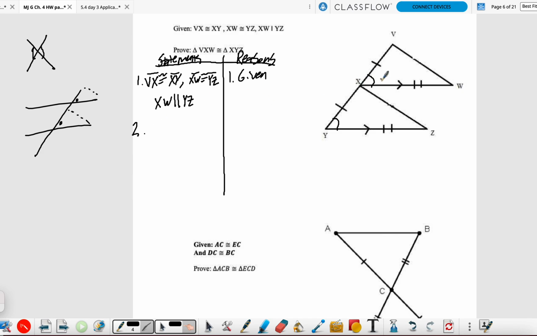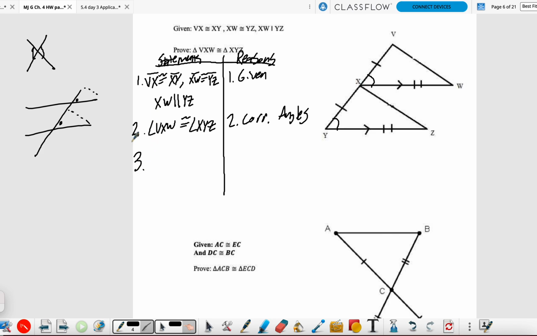So we can name this top angle, angle VXW. Say that's congruent to angle XYZ. And we can say those are corresponding angles, just like we did in chapter 3. And now we look at our picture and we see pretty plainly that we now have two sides and the angle between them.